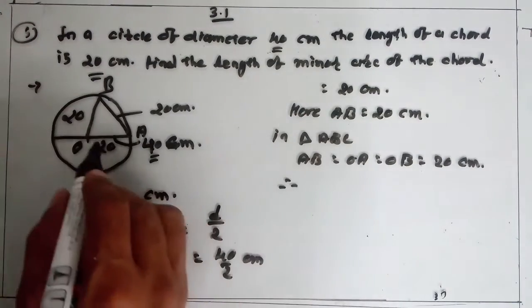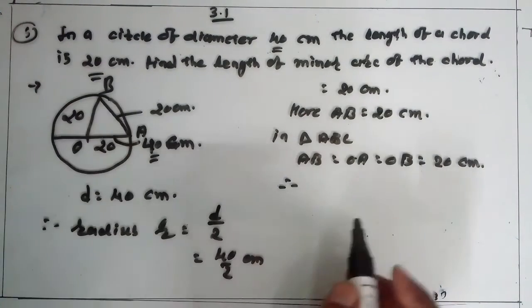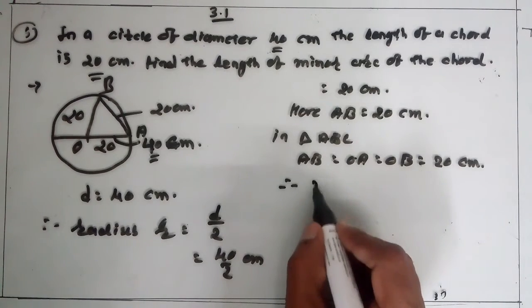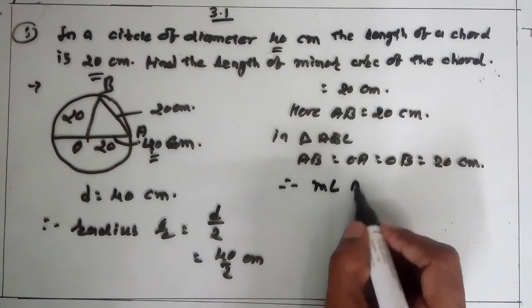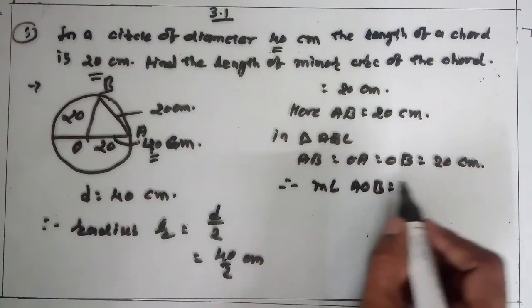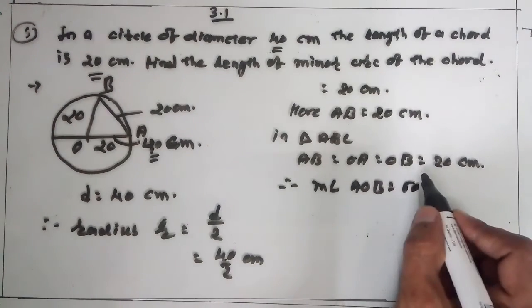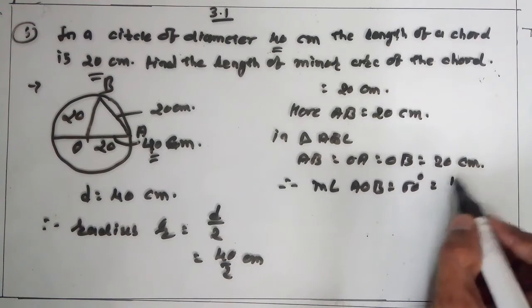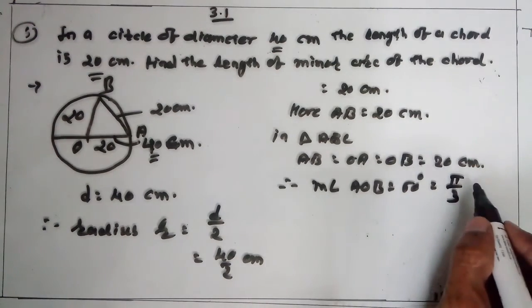Therefore this triangle OAB becomes an equilateral triangle. So the measure of all angles is the same and is 60. So the measure of angle AOB is equal to 60 degree, changed into radian form, is equal to pi upon 3. Clear?